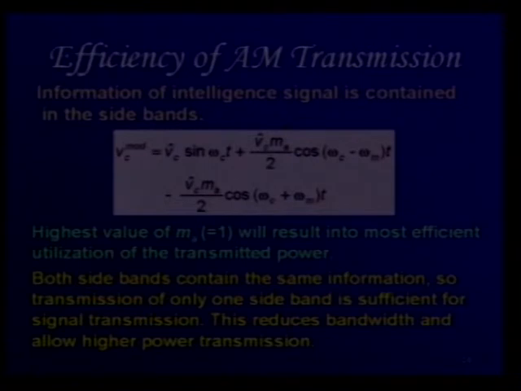So we should be putting maximum power into them. So when we have, say, amplitude modulation index MA equal to 1, then we can utilize the best way of the amplitude modulation transmission, and we can pack maximum amplitude or maximum power in the side bands, because this carrier signal is effectively a waste, since the carrier wave you are just sending out is not going to be of any use.